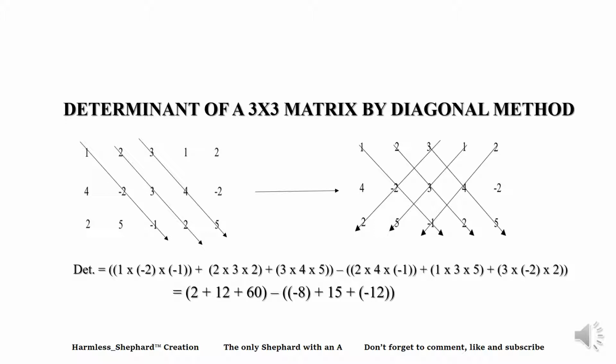We have 2 times 4 times minus 1, which will give us minus 8, plus 1 times 3 times 5, which will give us 15, and lastly 3 times negative 2 times 2, which will give us minus 12.